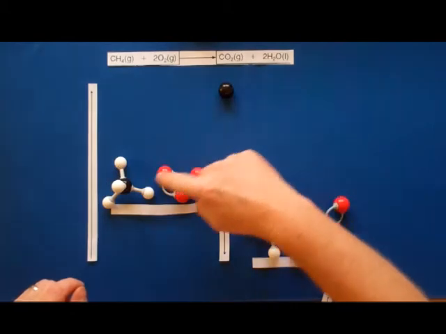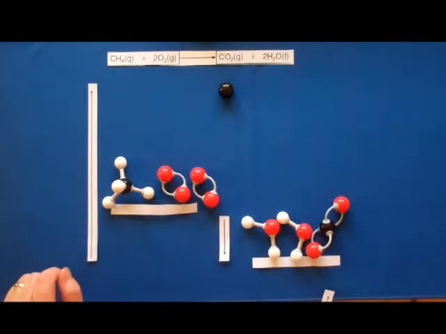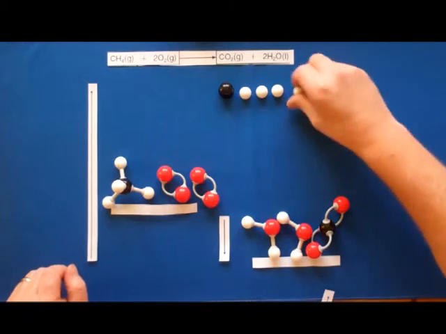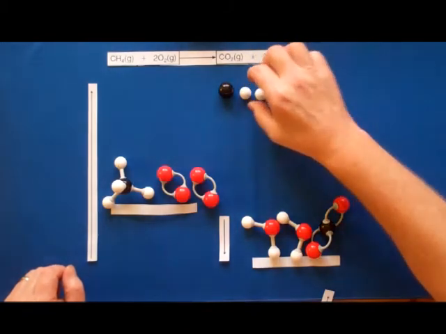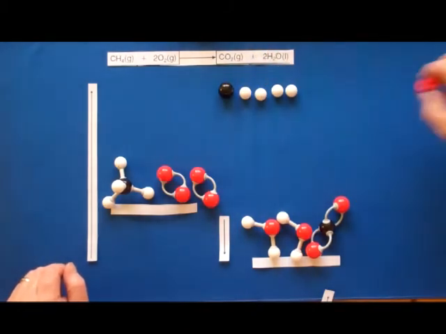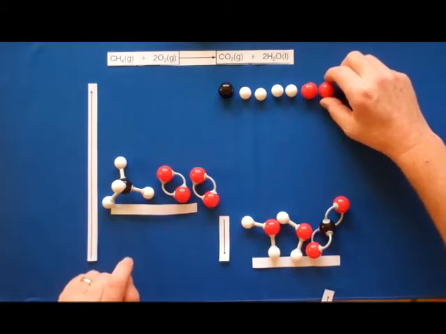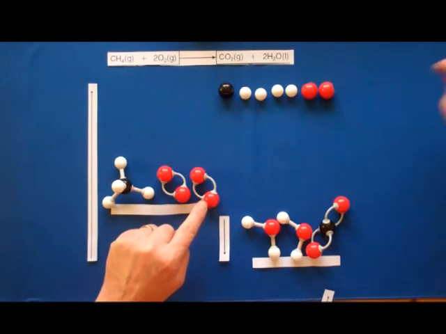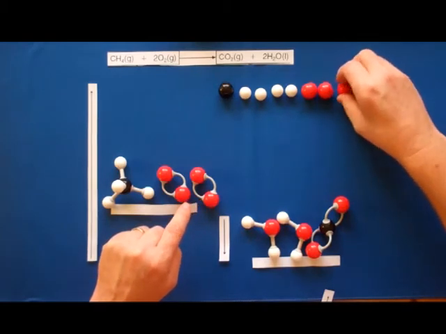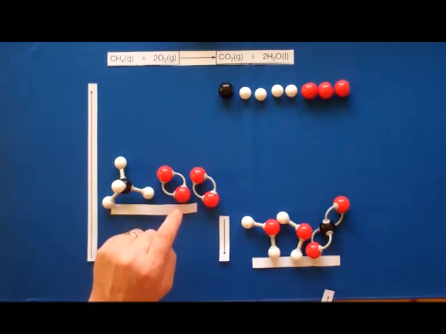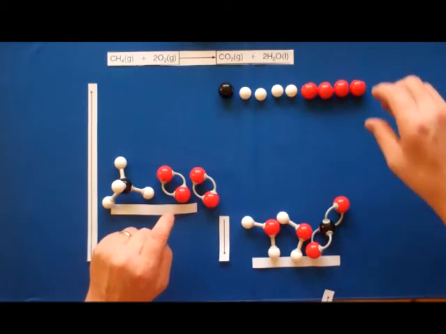And so I form one carbon atom, I form 1, 2, 3, 4 hydrogen atoms, and I have 1, 2, 3, 4 oxygen atoms.